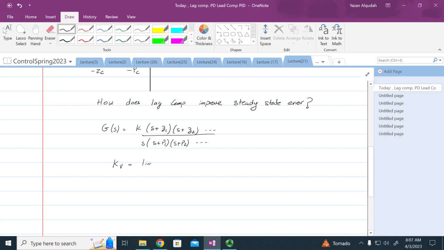Kv is equal to the limit as S goes to 0 of S multiplied by G of S. If you remember from the steady state error calculations, the velocity constant is equal to the limit of S multiplied by G of S. And therefore, this is going to equal K multiplied by Z1 multiplied by Z2, etc., divided by P1 multiplied by P2, etc. And this is our velocity constant.